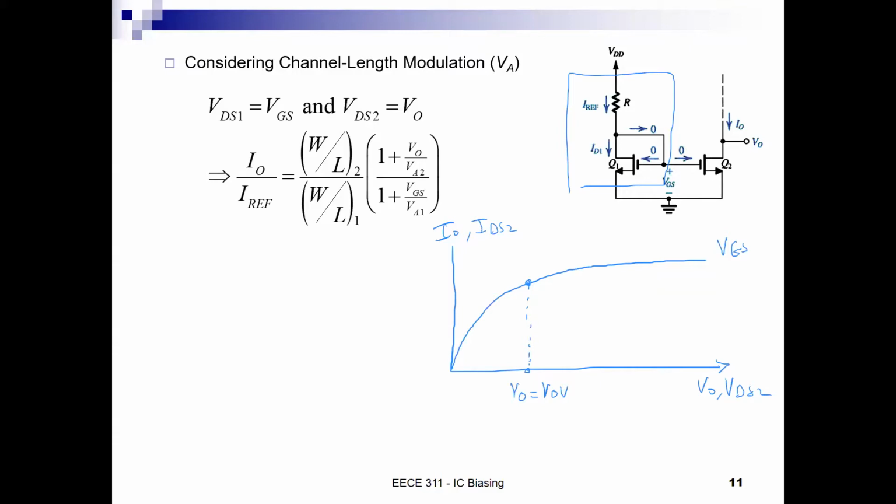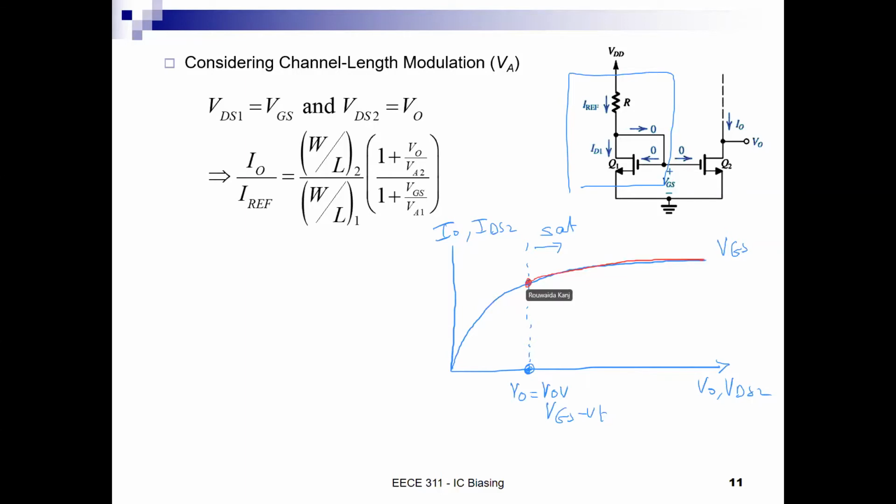When VO equals VGS minus VT, meaning when it equals VOV. From here on, we go into saturation. Here, we don't want it. This is forbidden. Before it, we don't want to operate in it. We will not be doing faithful mirroring, right? So the desired region of operation is really this whole branch.